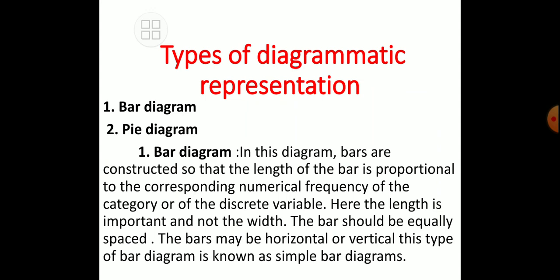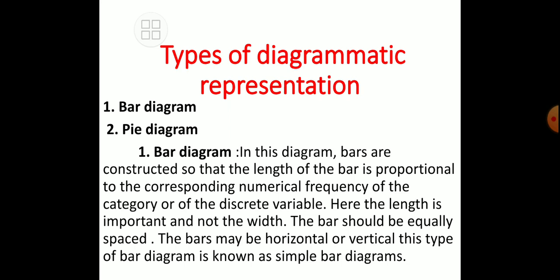So, my friends, there are two types of diagrammatic representation. The first one is the bar diagram. The second one is the pie diagram.